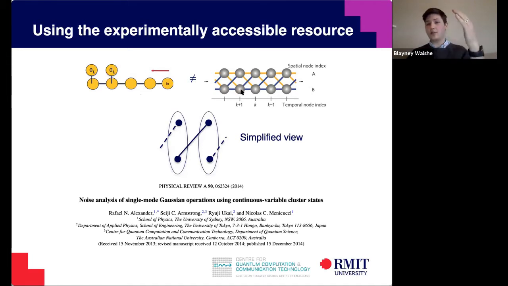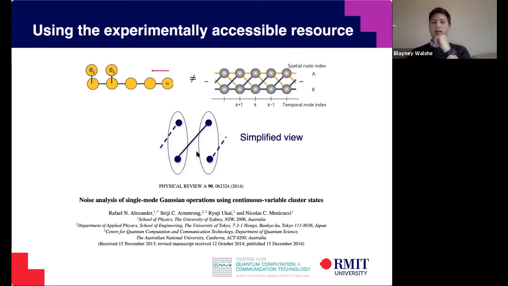However, that also amplifies the noise. It's basically a waste of resources doing that. And so instead, they devised a way to group these pairs of nodes into what are called macronodes. And you get something that looks a little bit like this, much more similar to that, but that's not really the point.